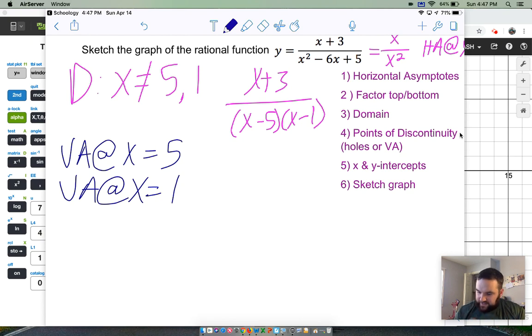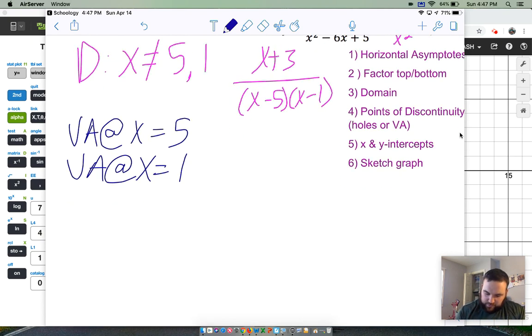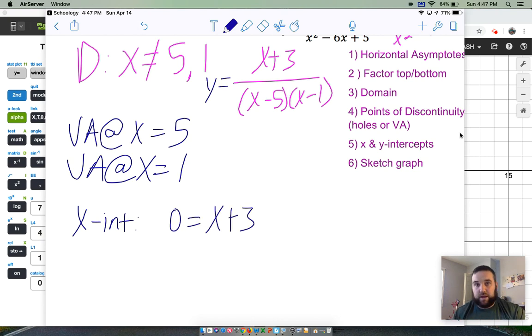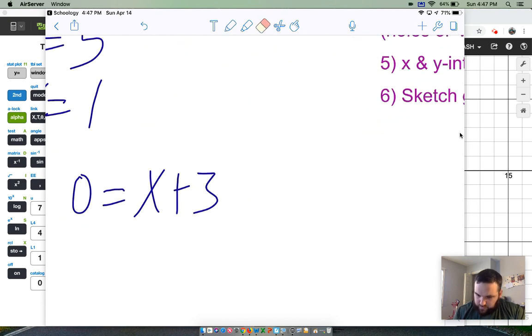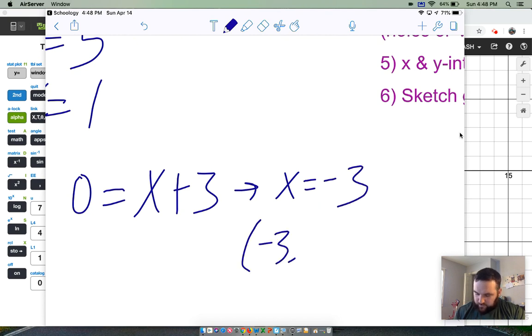And then lastly, I need to do the intercepts. So for the x-intercept, we've done this enough to know that I'm just going to say 0 equals the numerator. For the x-intercept, you do not need to worry about the denominator. So this means that when I plug in -3, I will get 0.